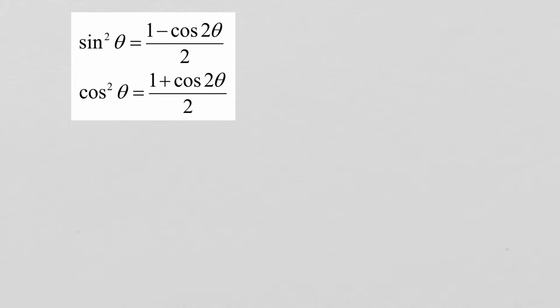Now, you can also write these identities slightly differently. And typically what you will see in textbooks is they will let theta be equal to some angle, we'll call it A, divided by 2. So they substitute a over 2 in for theta. And we'll do this one at a time.